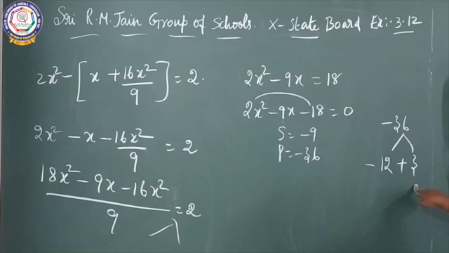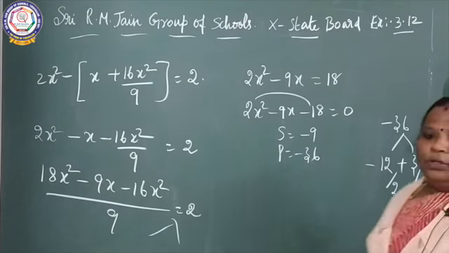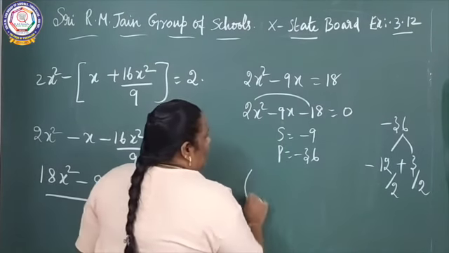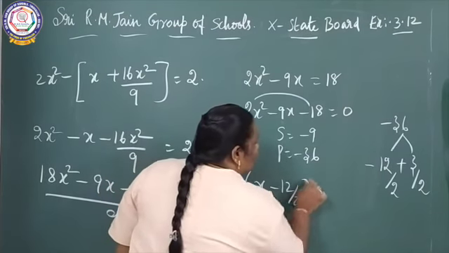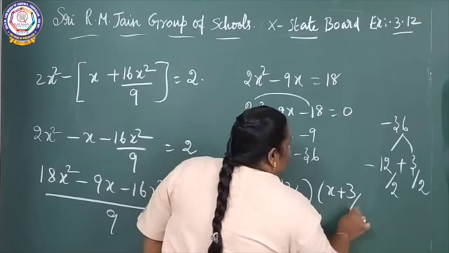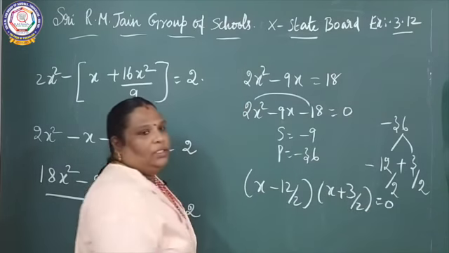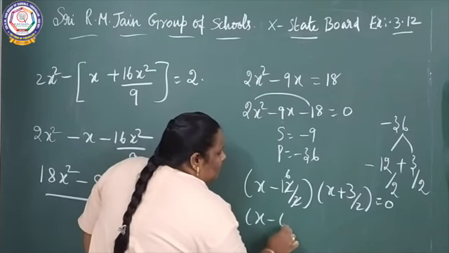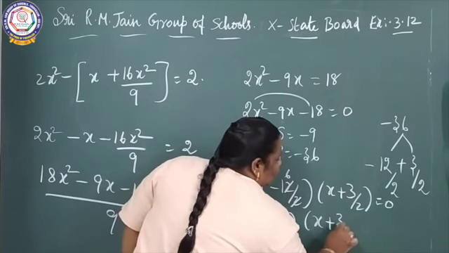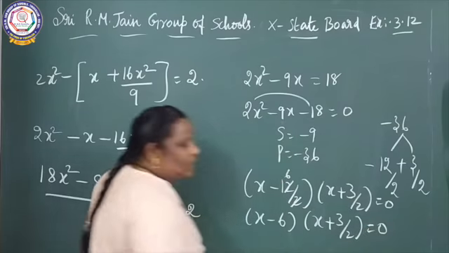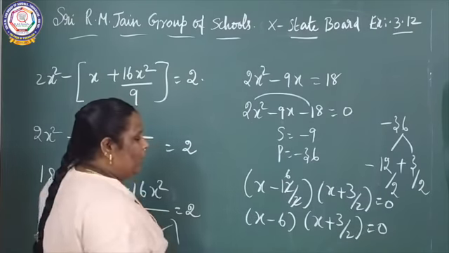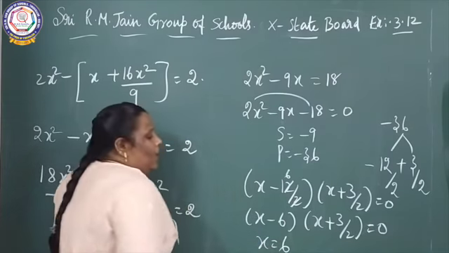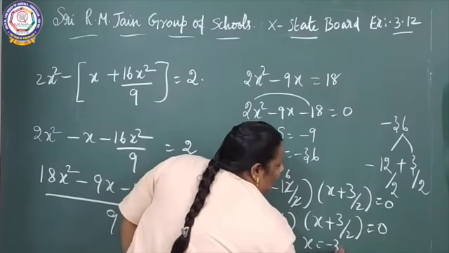But here a coefficient is there, so you can divide by 2. x minus 12 by 2 into x plus 3 by 2 equal to 0. You cancel: x minus 6 into x plus 3 by 2 equal to 0. So, x equal to 6, x equal to minus 3 by 2.